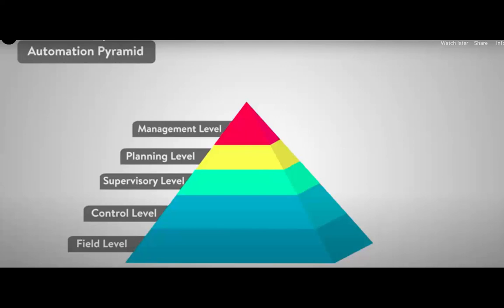ERP is usually a suite of different computer applications that can monitor everything going on inside a company. It utilizes all of the previous level technologies plus some extra software to complete this integration.